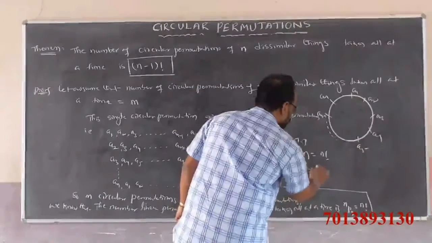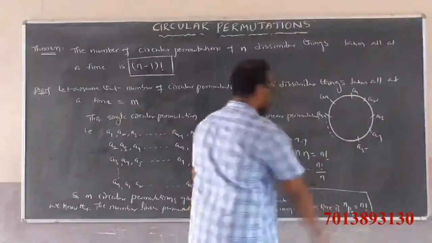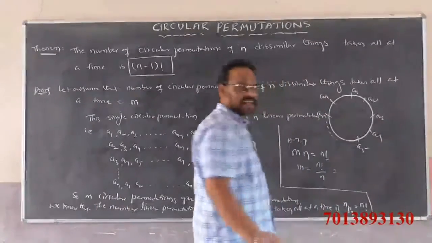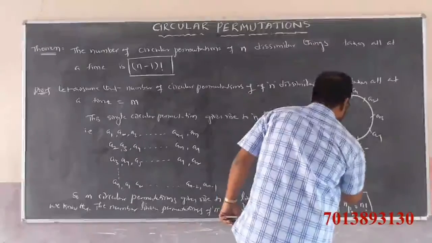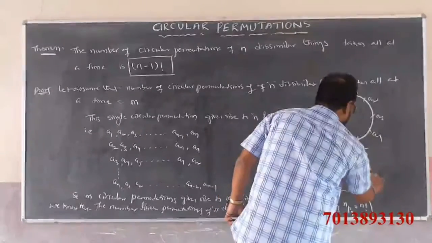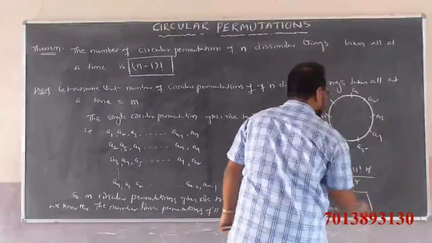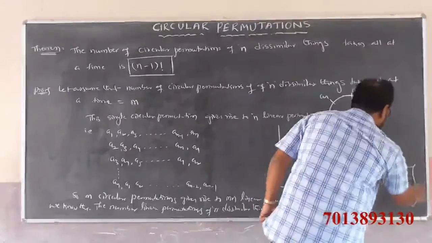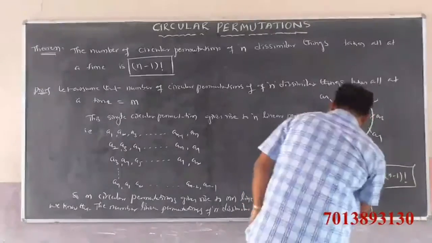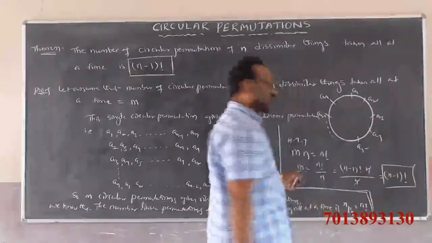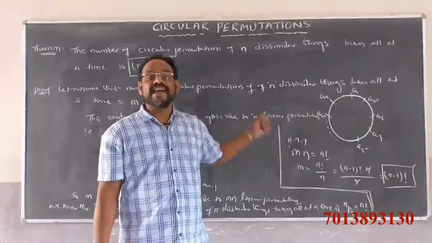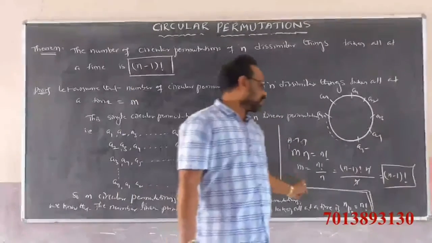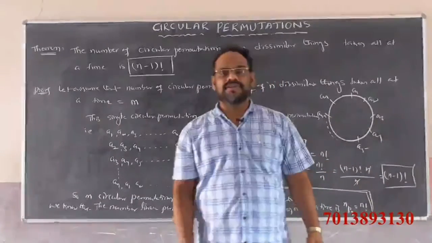So m is equal to n factorial by n. n factorial can be written as (n minus 1) factorial into n, so n and n cancel. M is the number of circular permutations of n dissimilar things taken all at a time, so m is equal to (n minus 1) factorial.